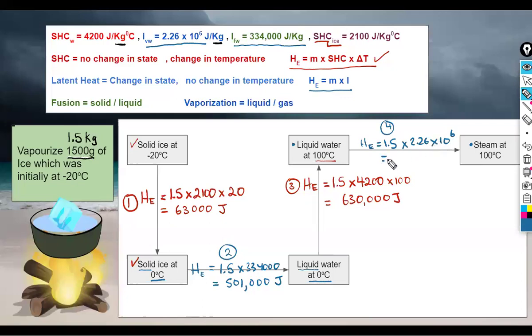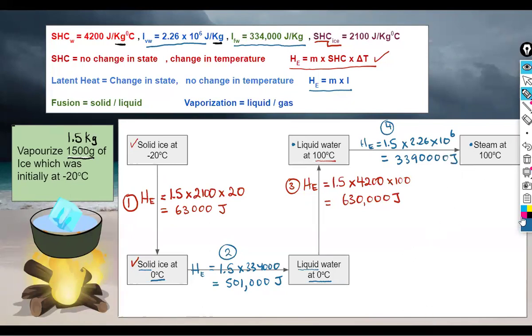Sorry for the bad handwriting there. 1.5 multiplied by 2.26 to the power. I'm getting this huge value, 3,390,123, 3 million and something.